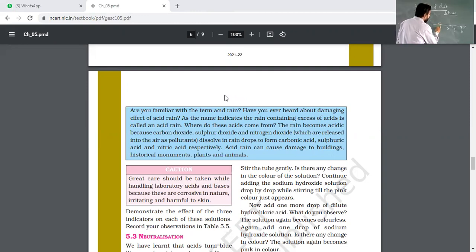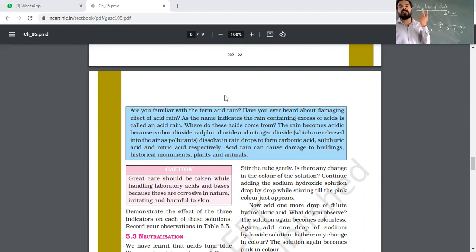So if the color matches with the number 7 of the pH paper that touched the particular substance, that means that substance is neutral.